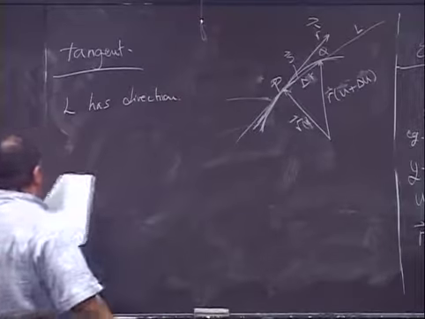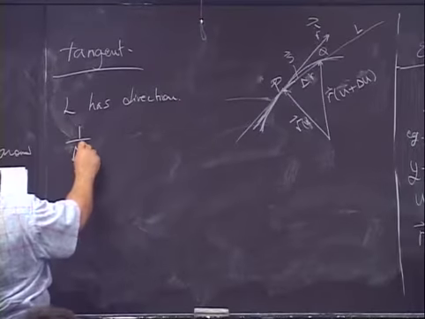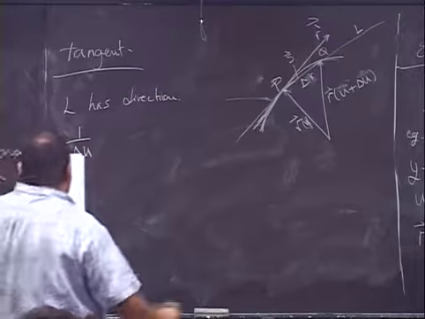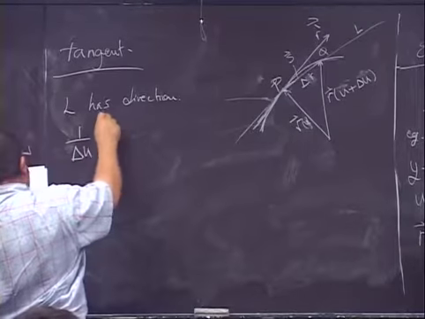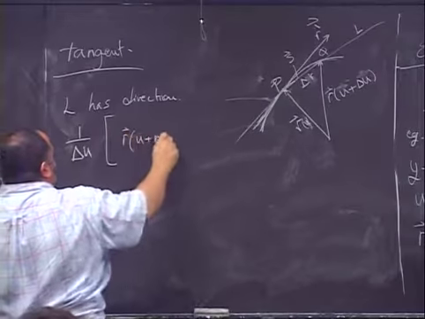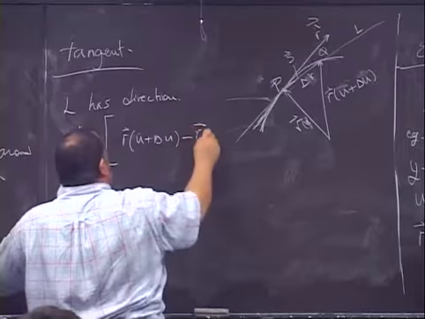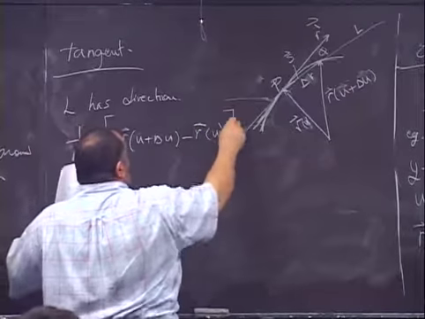The direction of L is 1 over delta u, where we divide by delta u, multiplied by r of u plus delta u minus r of u.